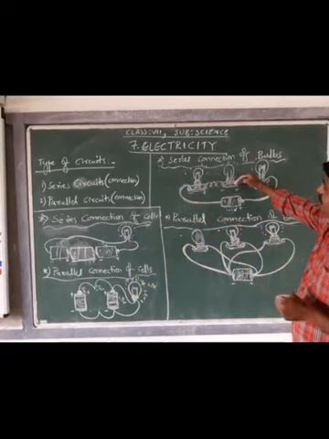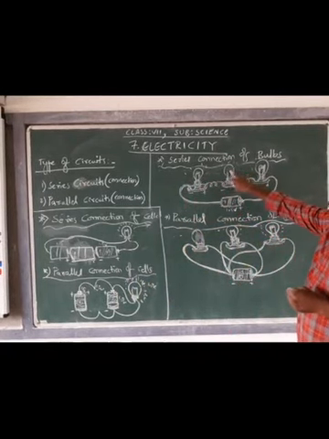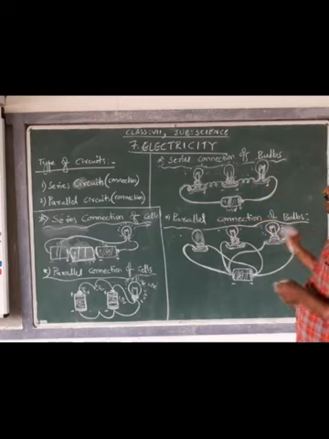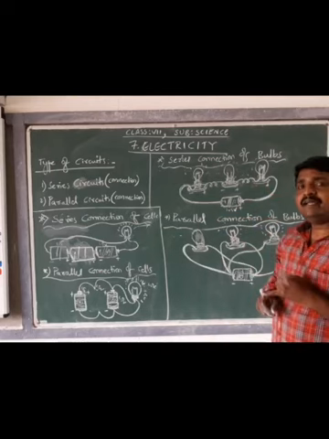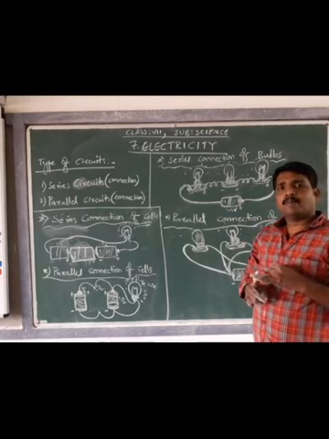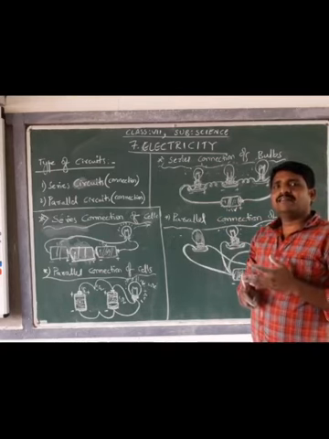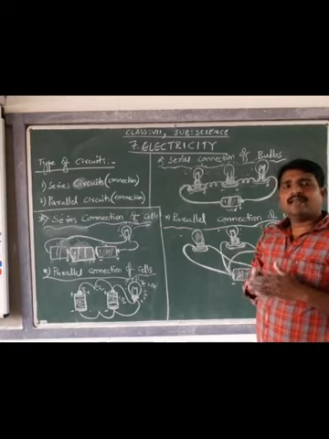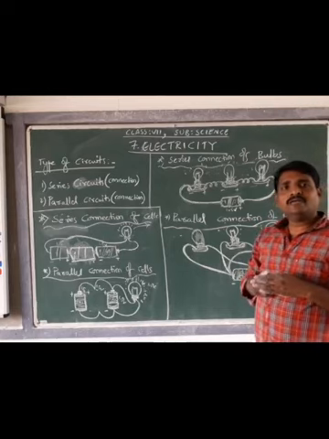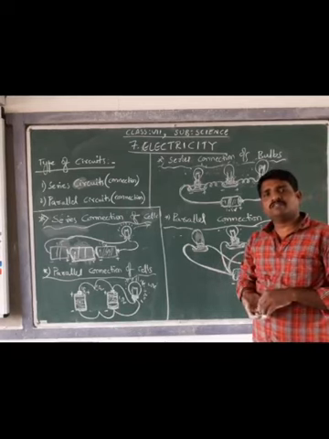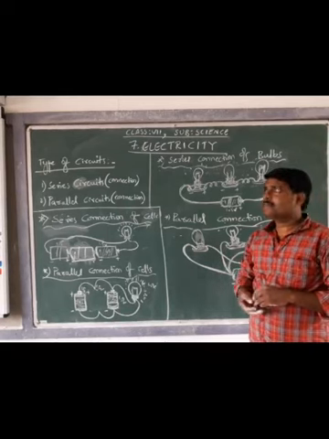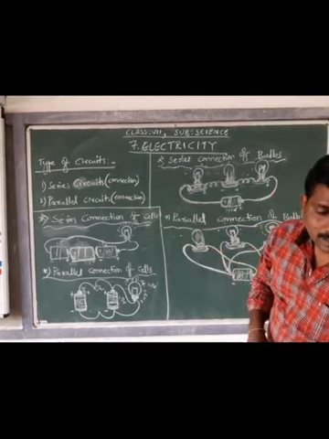The series connection of the bulbs has a drawback, which we have discussed, and the advantage of parallel connection we have also discussed. Keep in mind that household electric appliances are connected in a parallel way in order to continue the functionality of all the devices in our home.